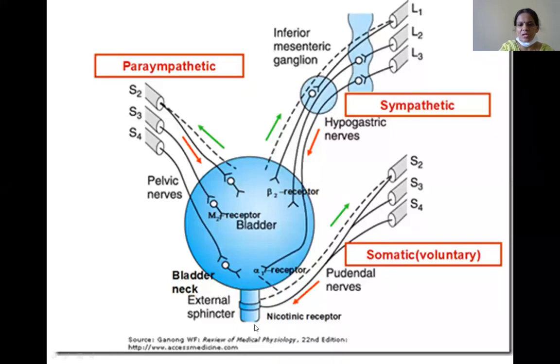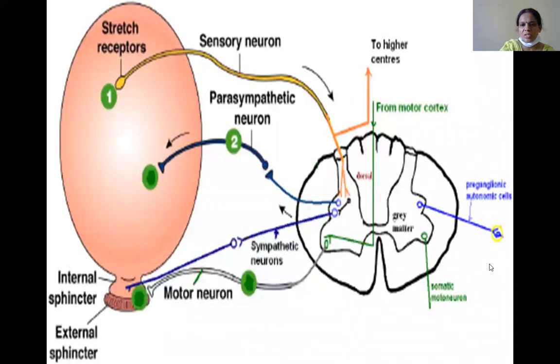The external sphincter is under voluntary control, supplied by the pudendal nerve, which is a somatic nerve. So this image we have discussed. Here you have seen the parasympathetic sensory component as well as the motor component, and this information is passed to the higher centers, and you also get information to the external sphincter as well.